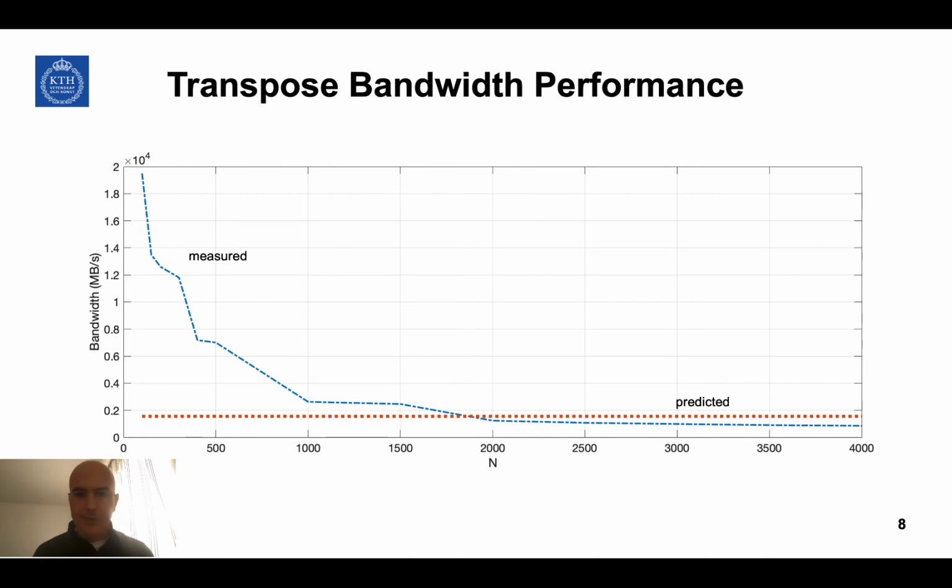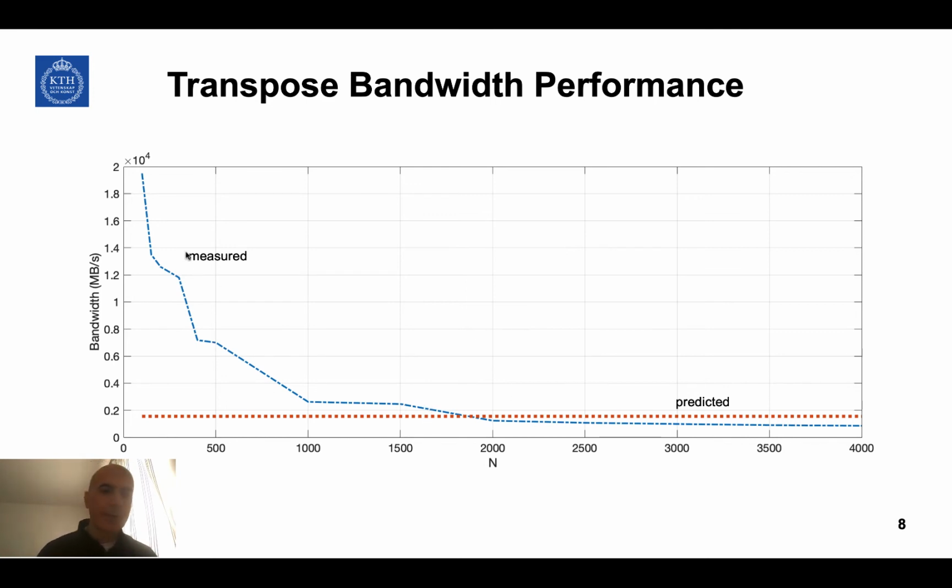Here is a plot. On the x-axis I have n, the size of the matrix, and on the y-axis I have the bandwidth. I measured for different matrix sizes and plotted them here: n equal to 100, 200, 300, 400, 500, 1000, 1500, and so on.